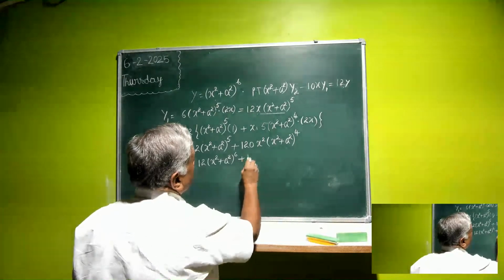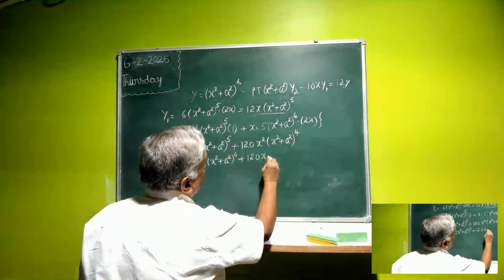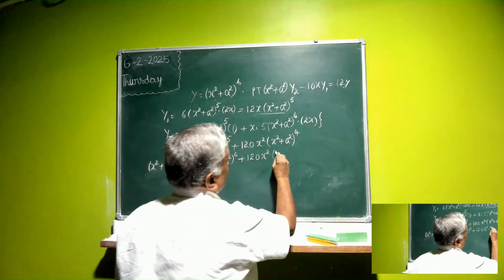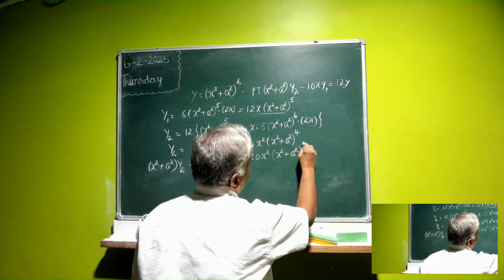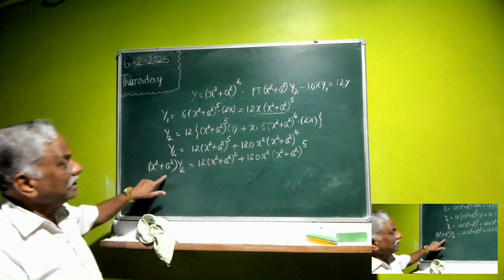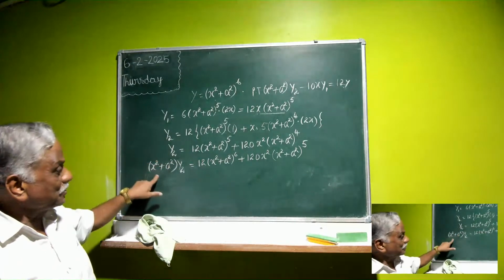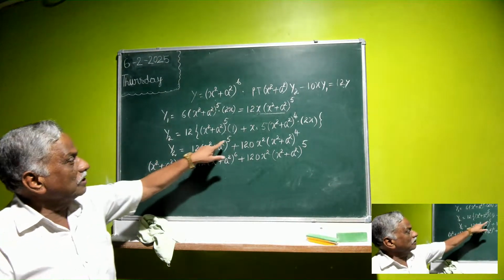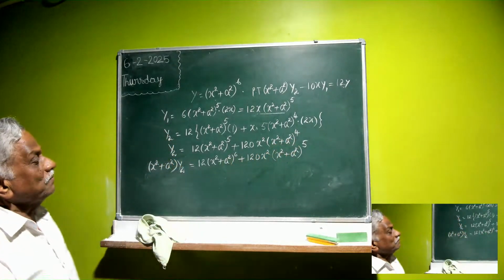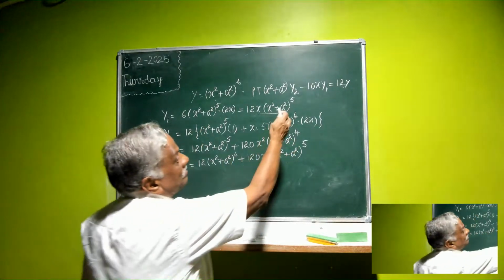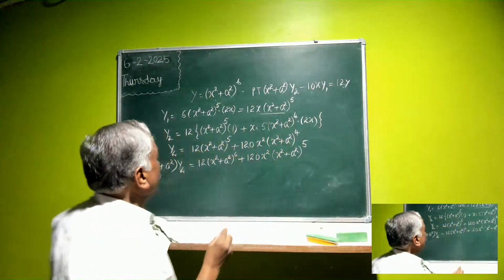I get 120 x square (x square plus a square) to the power of 5. I am multiplying this expression y2 by x square plus a square. You got 5 here, 5 plus 1 is 6. You got 4 here, 4 plus 1 is 5. What is the next term? Minus 10xy1.